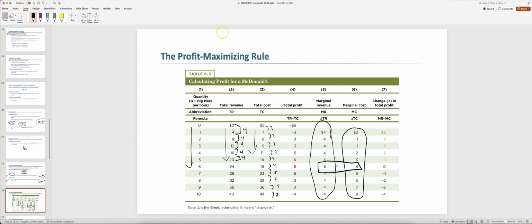In this region here, they would produce more, because here the marginal revenue is greater than the marginal costs. And here they would produce less, because the marginal costs are greater than the marginal revenue.